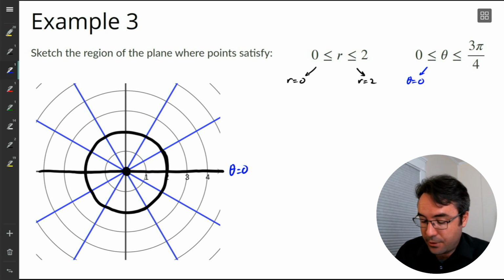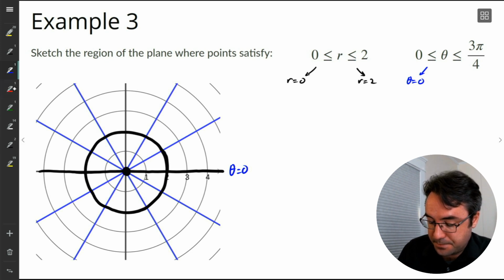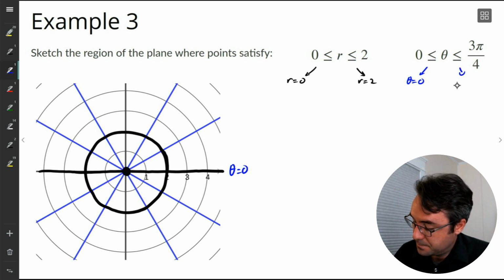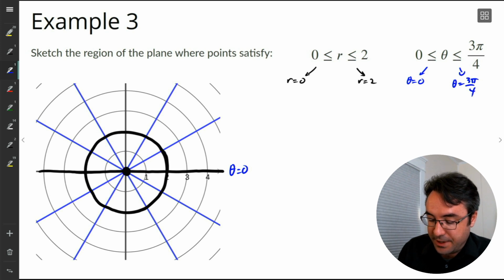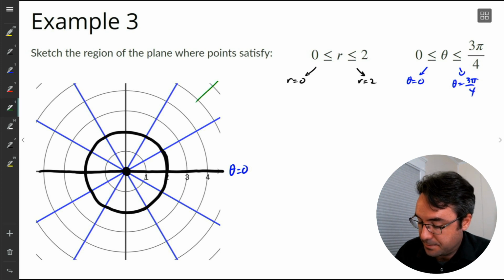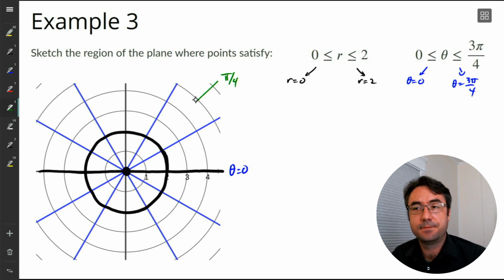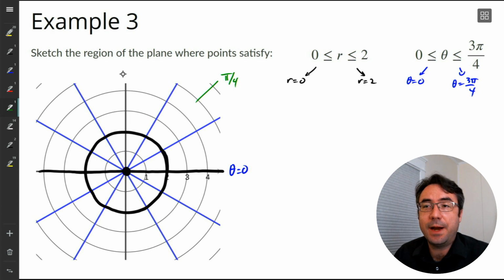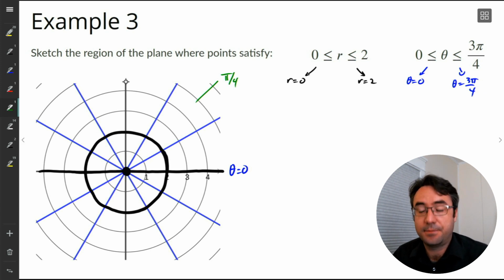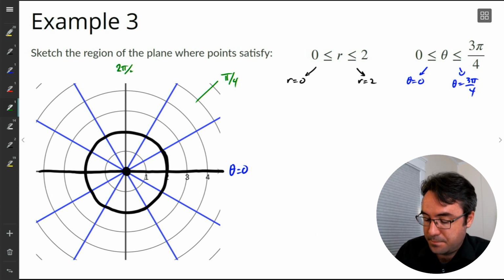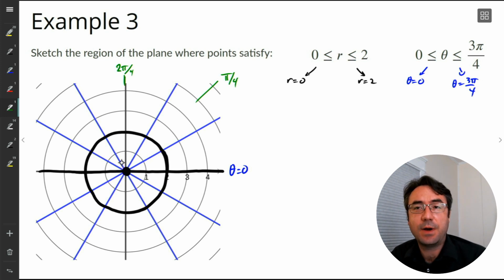Now what about 3 pi over 4? What about where theta is equal to 3 pi over 4? Well, let's find our 3 pi over 4 ray. So we know that pi over 4 happens kind of in the middle here, in between pi over 6 and pi over 3. 2 pi over 4 is kind of the positive y-axis here.